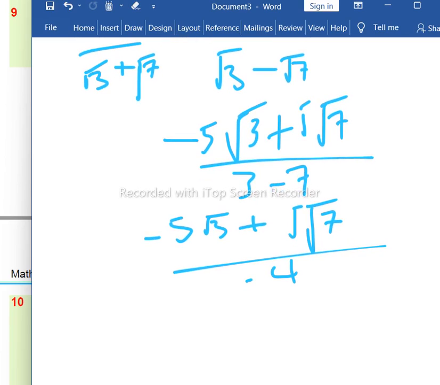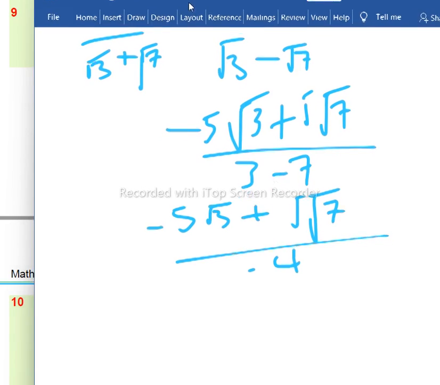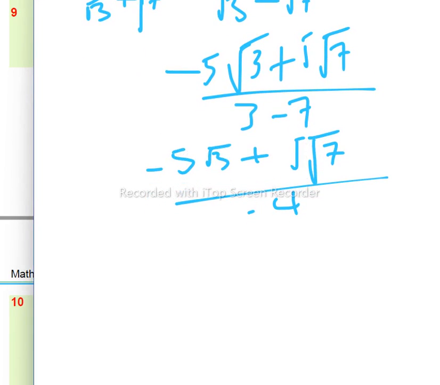So you can write this question in the form of, here we have minus, minus by minus, negative times negative, which is positive, so 5 over 4.